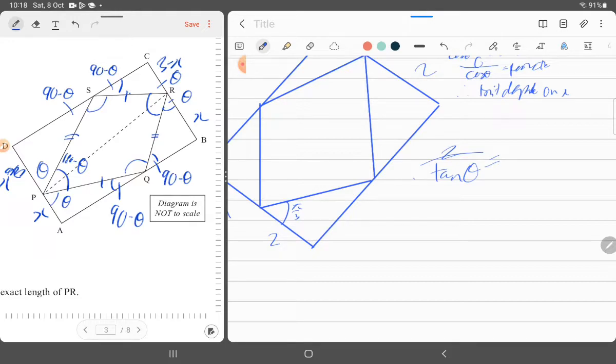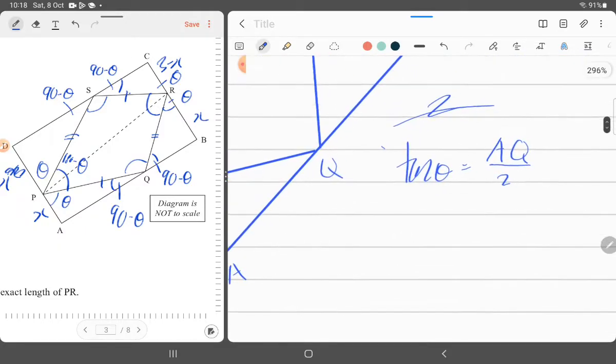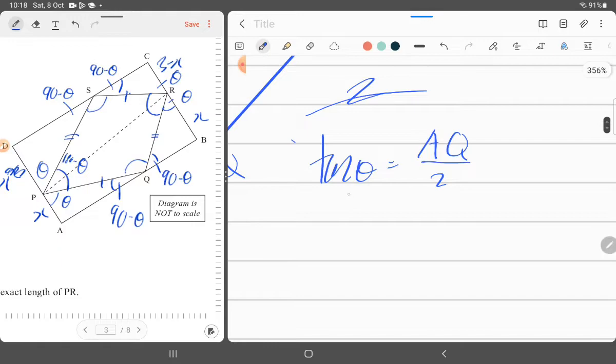Oh no. So to get this distance AQ, tan pi over 3 is equal to AQ over 2, which is x, so this distance is 2 square root of 3.